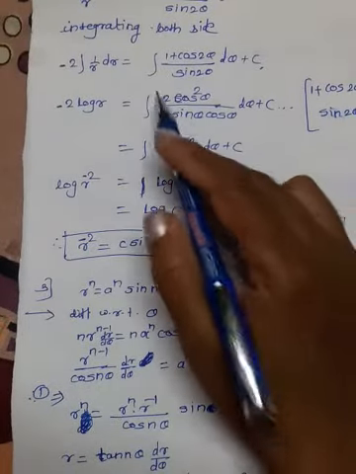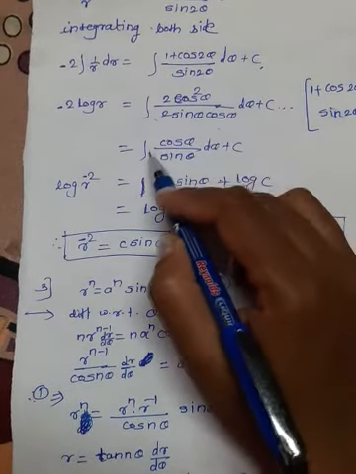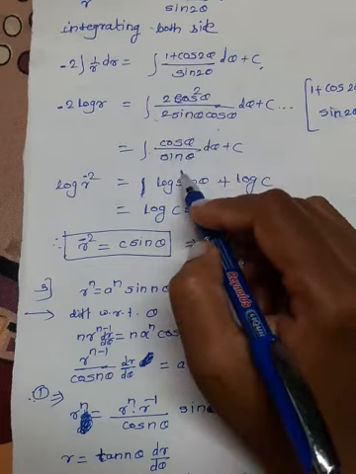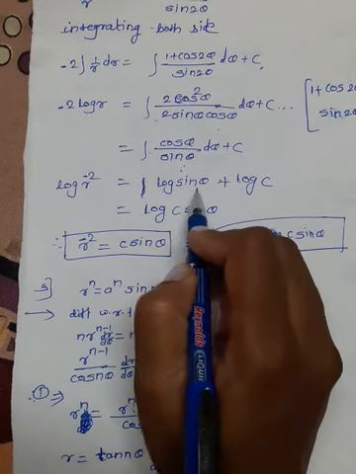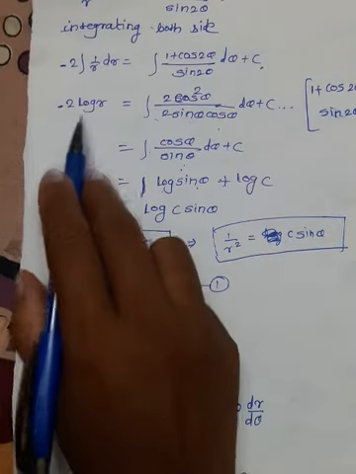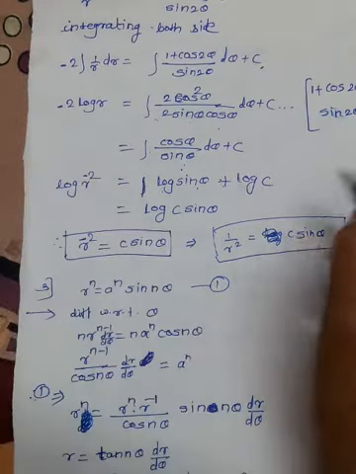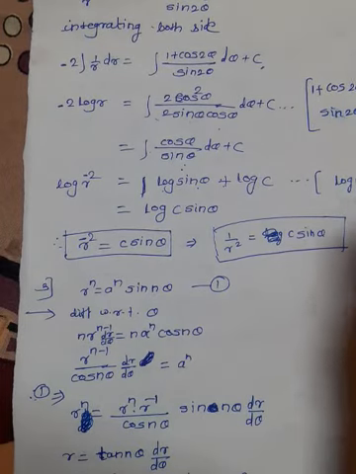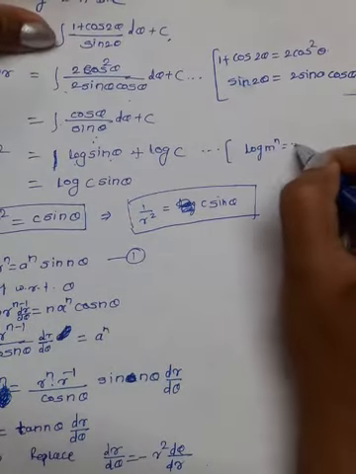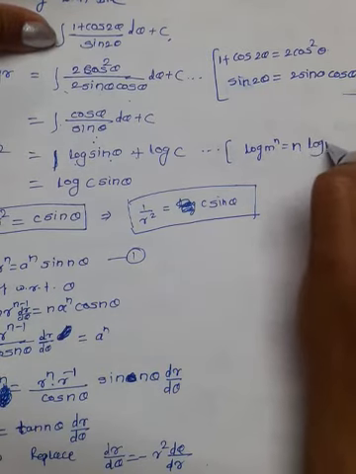Now 2 gets cancelled, 1 cos gets cancelled, integration of cos upon sine is cot, and integration of cot is log of sine theta. Everywhere is log, so take this minus 2 onto the index, because log m raised to n is n log m.